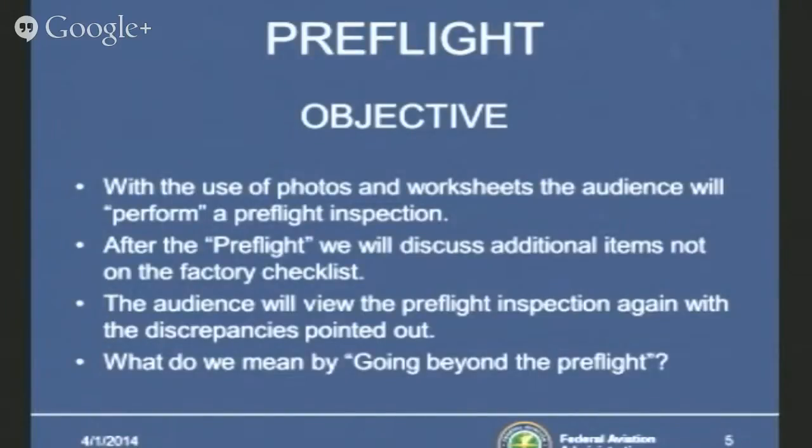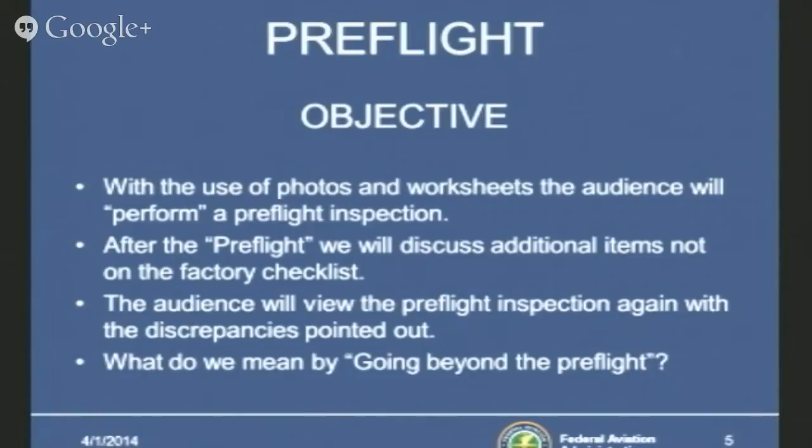Our objective today, we're going to use some photos of an actual pre-flight. The audience is going to perform the pre-flight inspection by looking at those photos. After the pre-flight, we're going to discuss any additional items not covered by the factory checklist, and then we're going to review the pre-flight inspection again with the discrepancies pointed out.